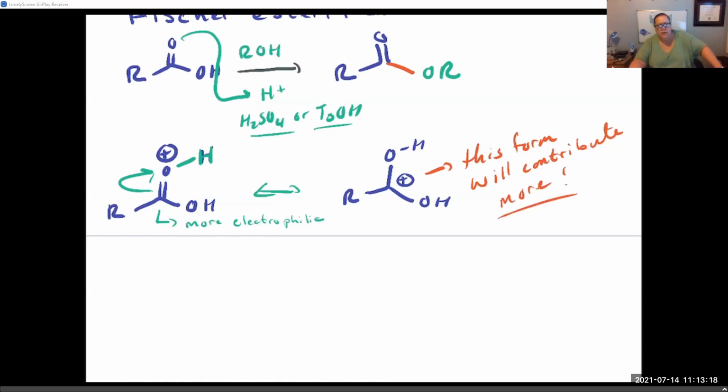Okay. These are not very good electrophiles, right? Carboxylic acids, esters, or amides rather, none of those are good electrophiles. The carbonyl carbons are being shielded by electron density from their neighboring Z groups, right? When I say shielded, I mean by resonance. Okay. And so they're not very good electrophiles.